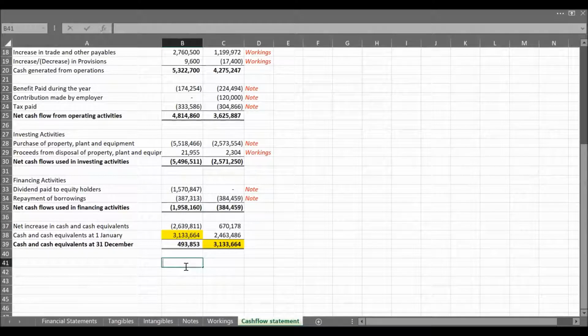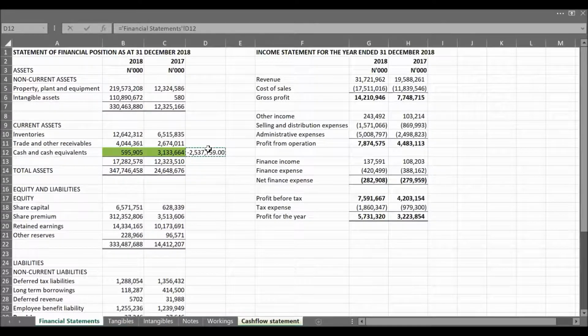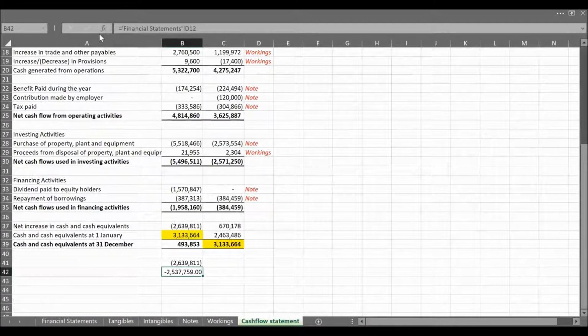Let me bring it down, and let me bring the movement from the financial statement. So the movement between these two, equals this minus this, is 102,052.